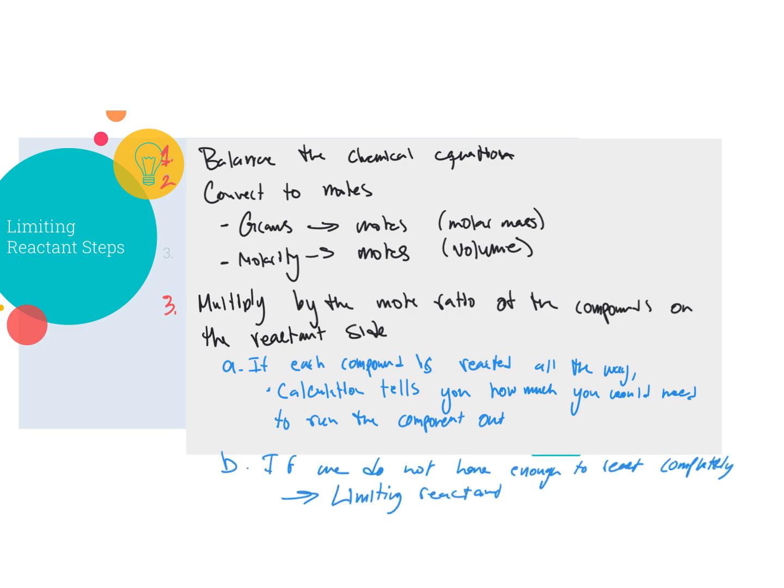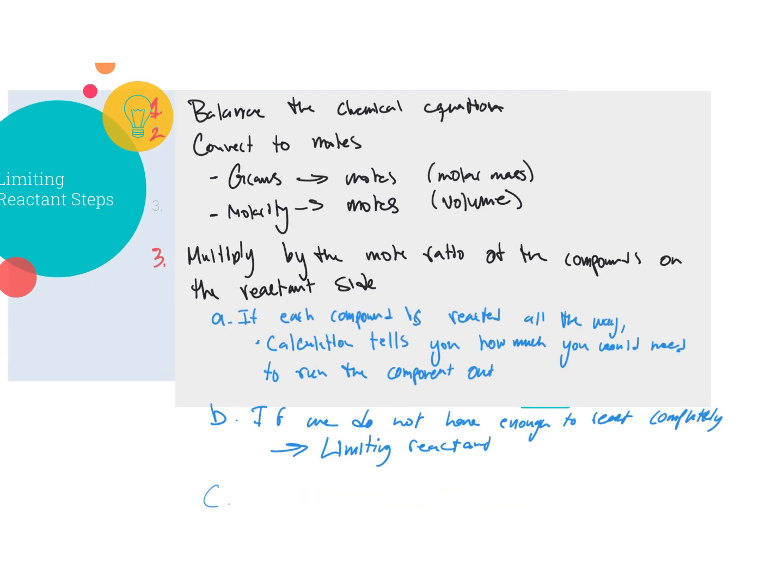So if you multiply by the mole ratio and you don't actually have enough for the reaction to complete, that is the limiting reactant. If we do have enough to react completely, then that would be the excess reactant.